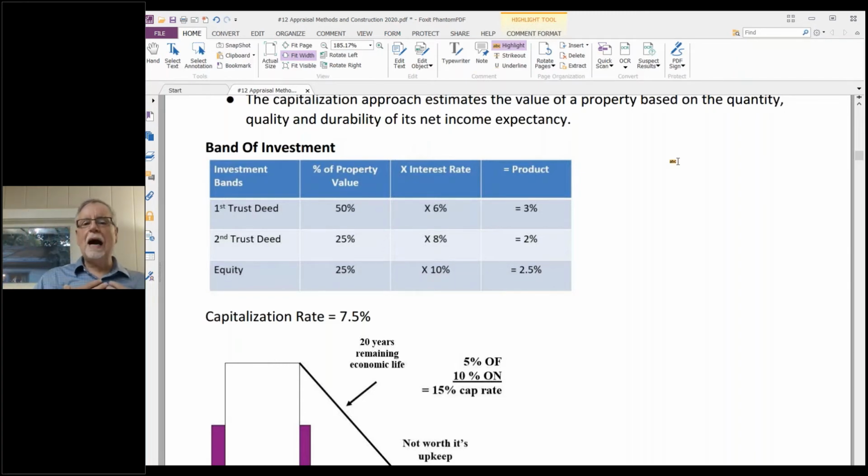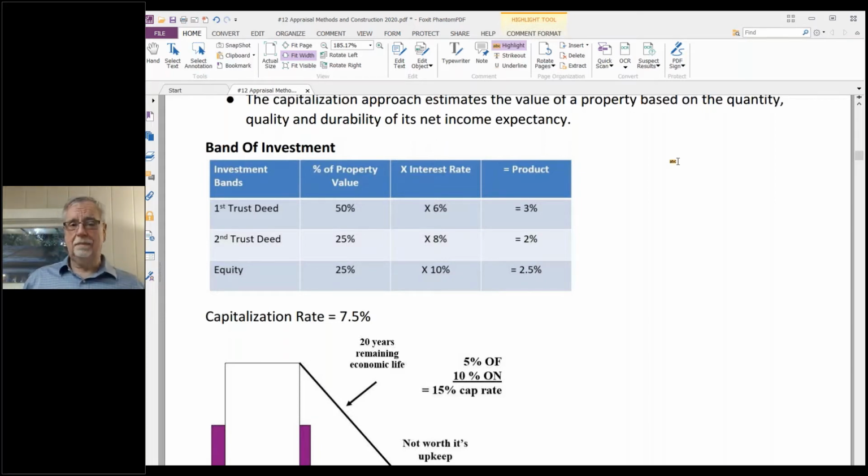So then there's my equity, right? Now there's the 25% I have to put down, or any buyer would have to put down. Who has the most to lose in this situation? Some people say the first, because the first has got 50%. Yeah, but the first gets paid first. That's why they're called the first. The second gets paid second.